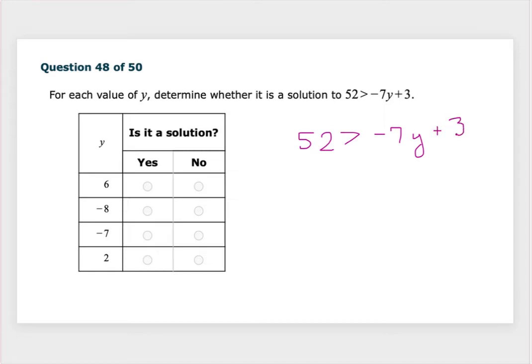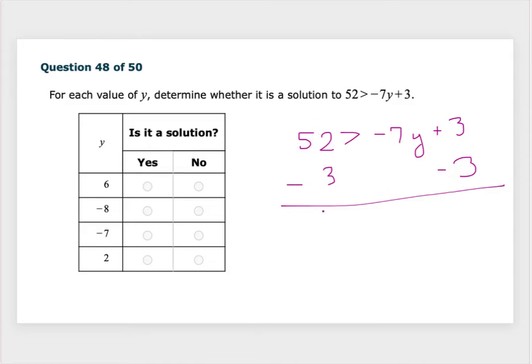Now, I could go through and plug that in, but I'm not going to do that. I'm going to go ahead and solve this equation. This is an inequality, not an equation. I'm going to go ahead and solve it, and then it will be very clear to me which ones are the solution. So in order to get the y by itself, I will subtract a 3, and I will subtract a 3.